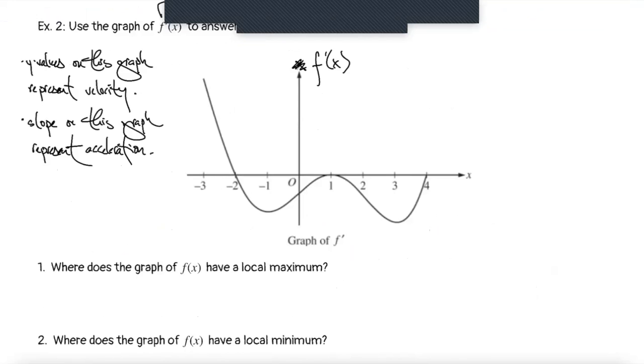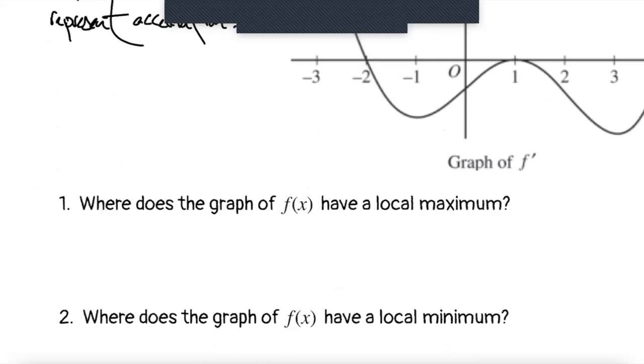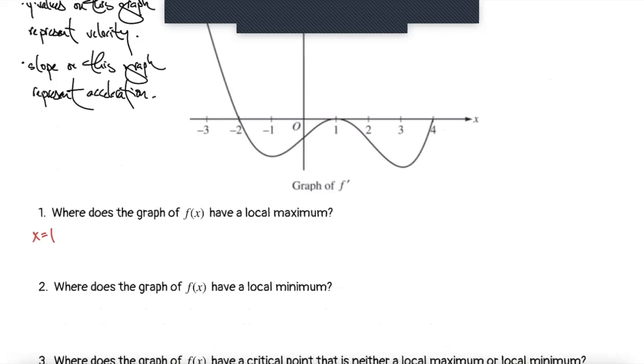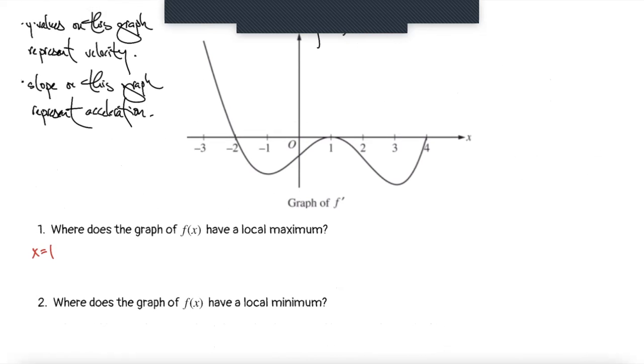Okay. So question 1 says, where does the graph f of x have a local maximum? And I'm going to go ahead and put down the wrong answer. If you say x equals 1 is where the graph of f of x has a local maximum, I'm going to be real sad. Why is this incorrect?